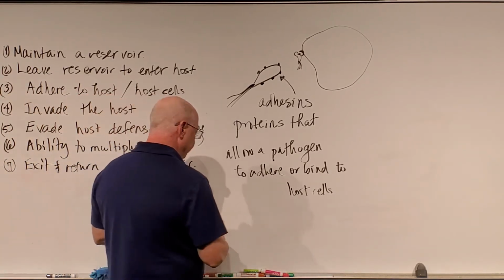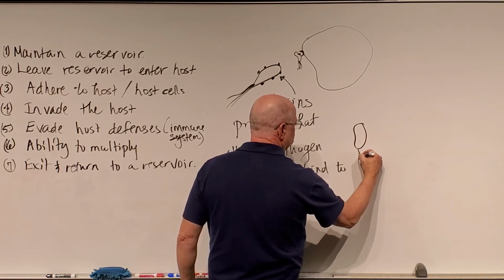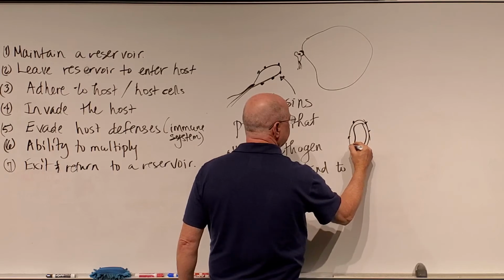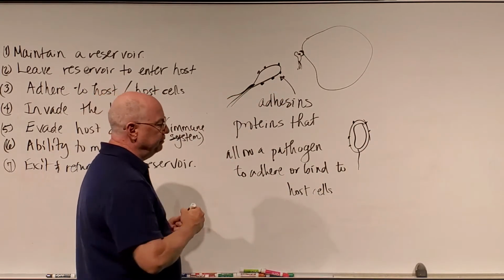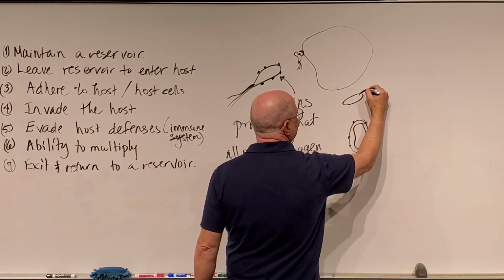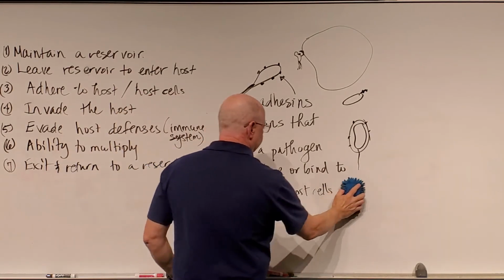So some bacteria have an outer covering called the capsule, and very often these adhesins can be a part of that, or if they have a pilus, some bacteria have pili on them that have adhesins on those pili that allow them to adhere to host cells. Okay?